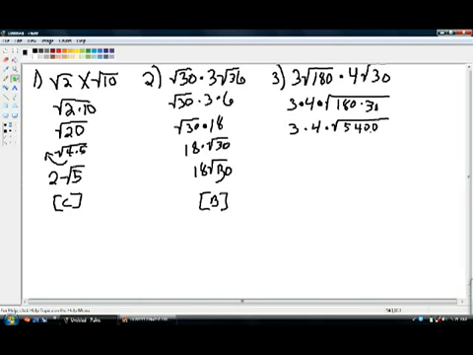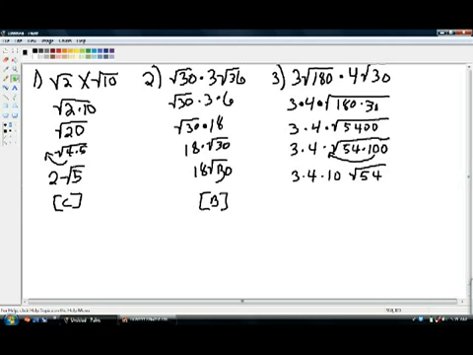Well, anytime I see something ending in 2 zeros, I know that's something times 100, so I can break that down pretty easily. 100 is a perfect square. So quite quickly I can say this is 54 times 100. 100 is a perfect square that I can pull out of the radical as 10, so I have 3 times 4 times 10 square roots of 54.